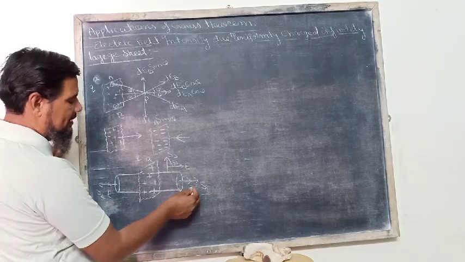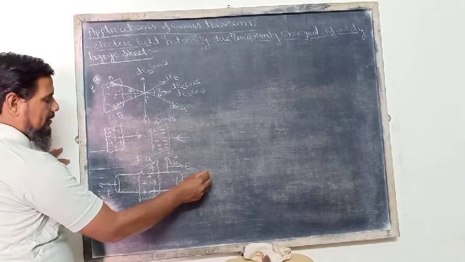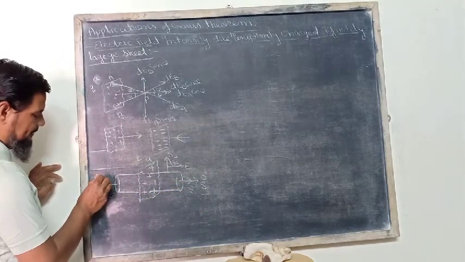Here the angle between surface area and electric field intensity is 0 degrees, and here it is also 0.